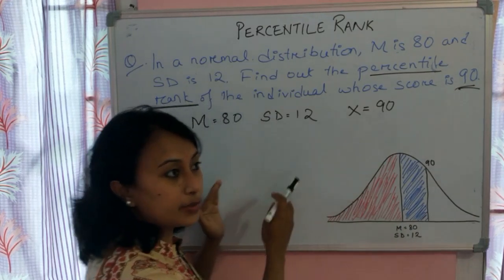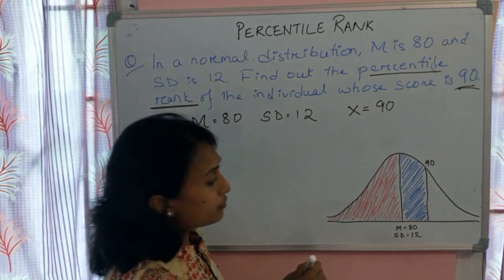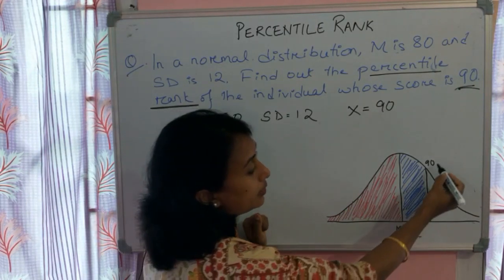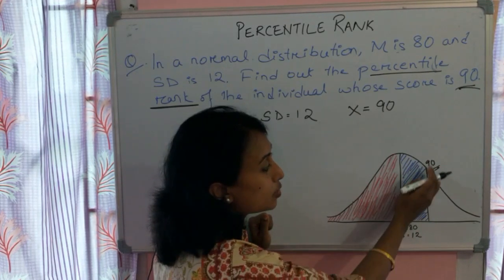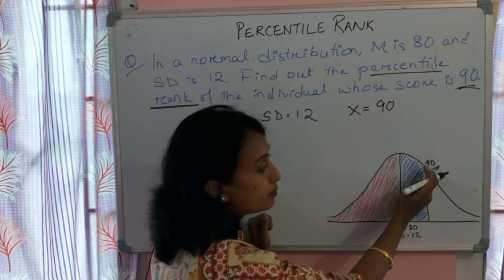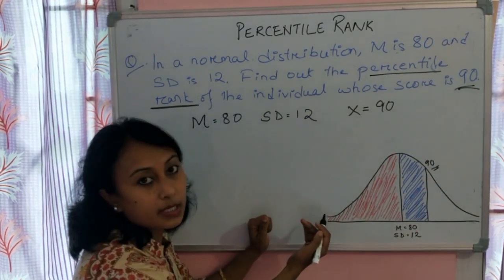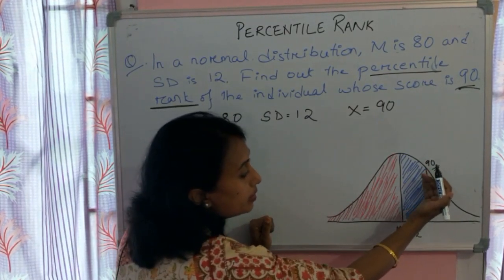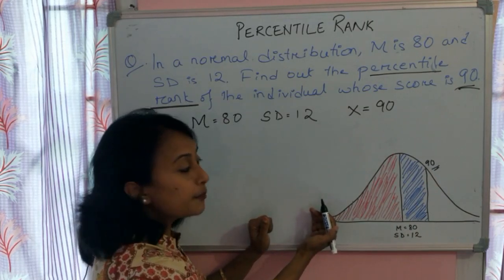Then only you can find your solution appropriately. We have been given the score 90, and we have to find out the percentage of cases below 90. So below 90 is this whole portion of the NPC, from here to the left end of the NPC.